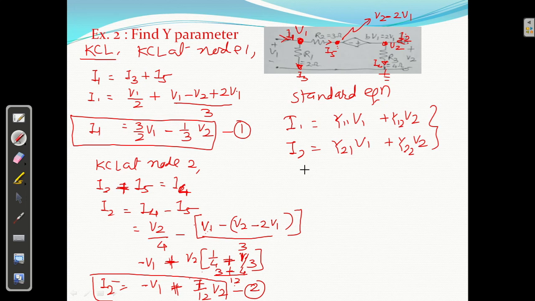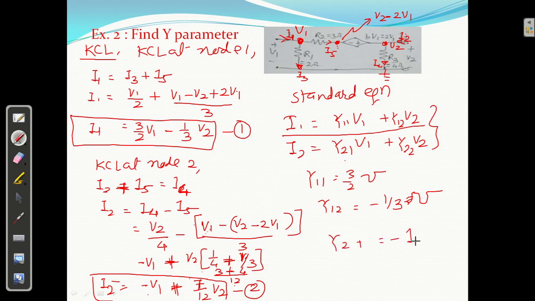Now compare. So Y11 equal to 3/2 mho, Y12 equal to minus 1/3 mho, Y21 equal to minus 1 mho and Y22 equal to 7/12 mho.